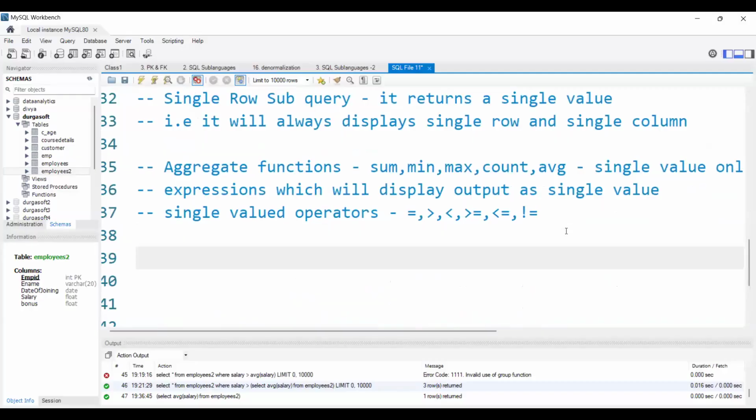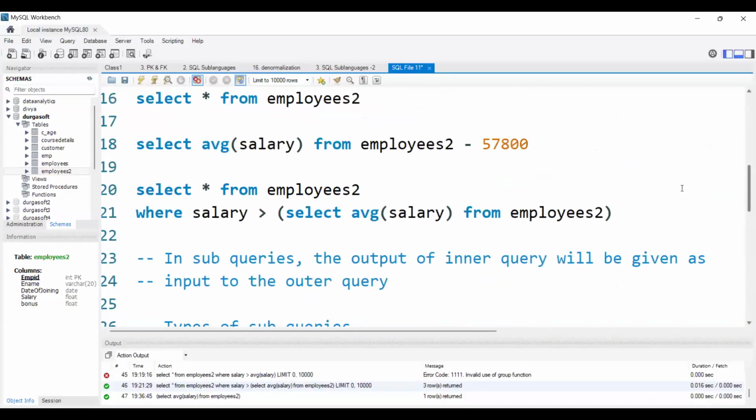For now, just understand, whenever we use aggregate functions and whenever you can see any operators in the complete query, in the complete query, whenever we are comparing or whenever we are using these operators, we will consider this subquery as a single valued subquery.